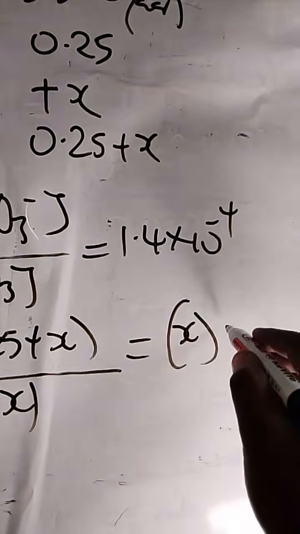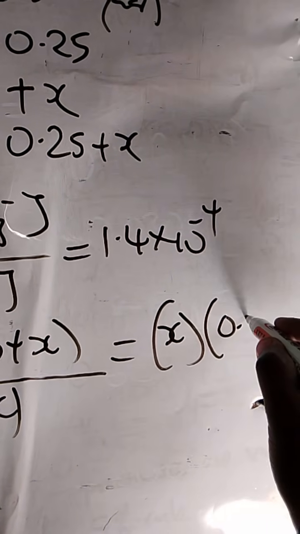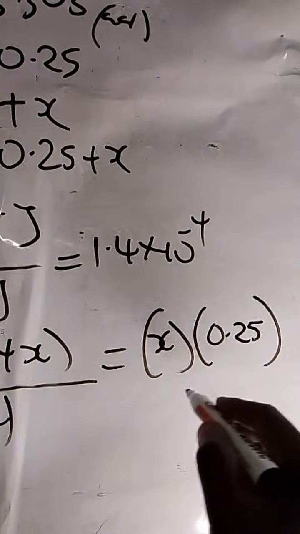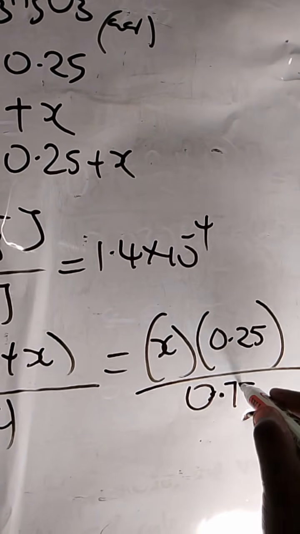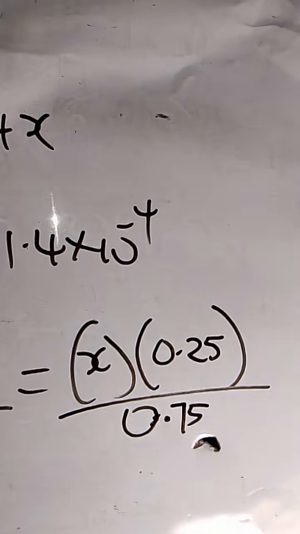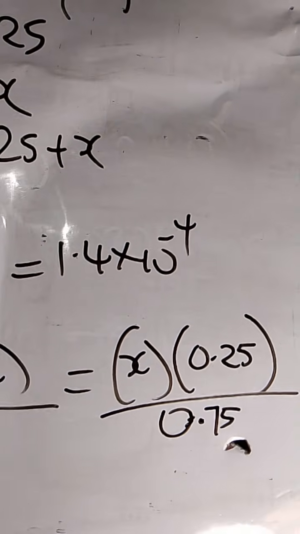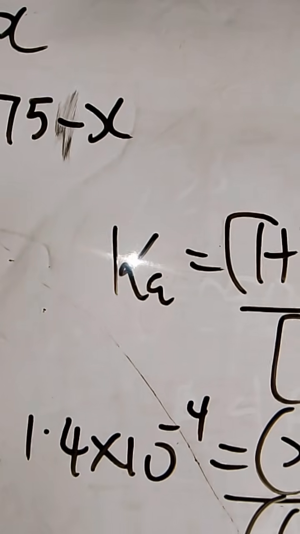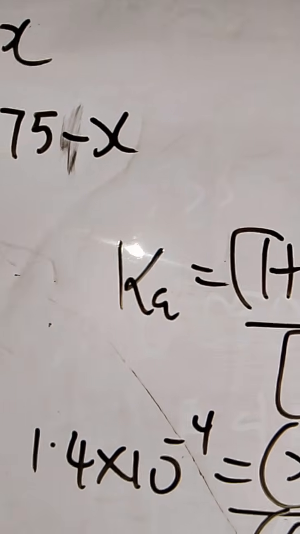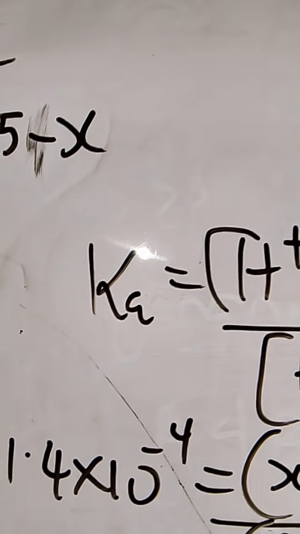So it will be X times 0.25 over 0.75. Now you divide there and multiply, so we are going to find our X.